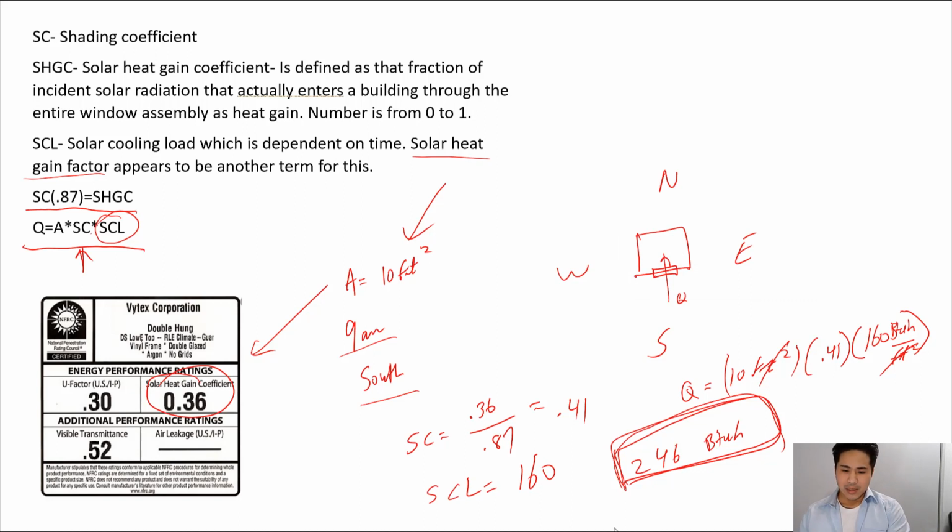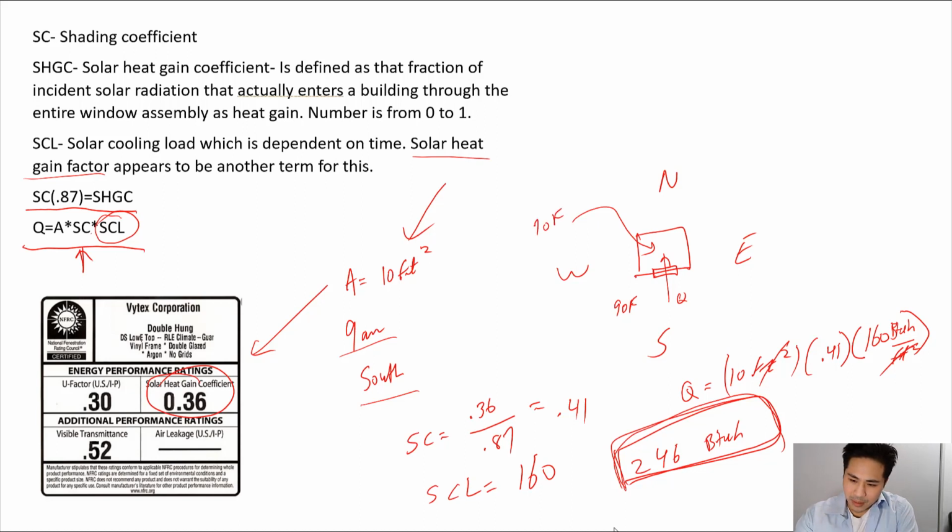So to figure out the heat transfer by conduction through this window, we're going to create a couple more givens. The first given is the temperature of the outside is 90 degrees Fahrenheit, and the temperature of the indoor space of the building is 70 degrees Fahrenheit.